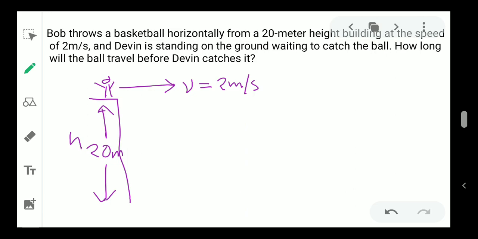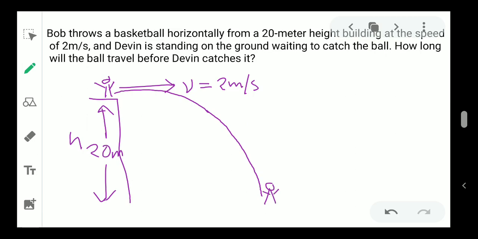And Devin is standing, so we know that it will go like this, right? Because gravity is also working, so it will go like this. So Devin is standing on the ground waiting to catch the ball.